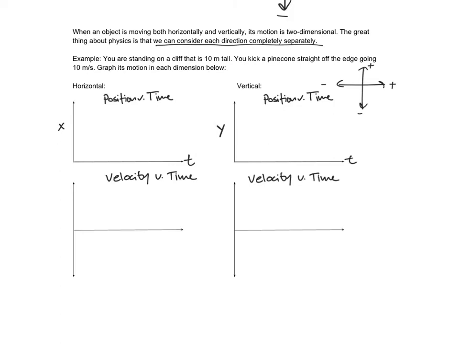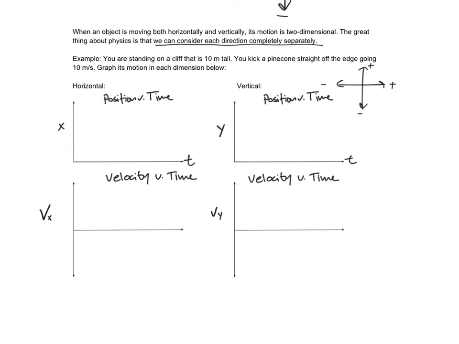For velocity, however, we're still going to use v for both variables, but we're going to use a subscript to distinguish between the two. So we have a v sub x and a v sub y. V sub x is velocity in the x direction, velocity horizontally. And in the vertical direction, v sub y is going to be the velocity going in the y direction.